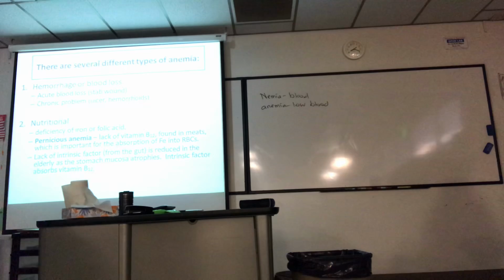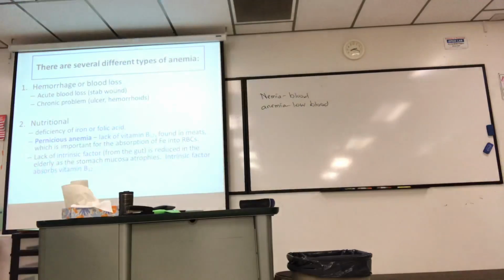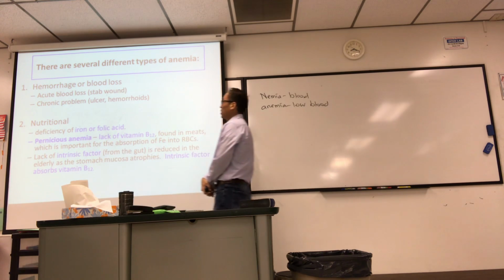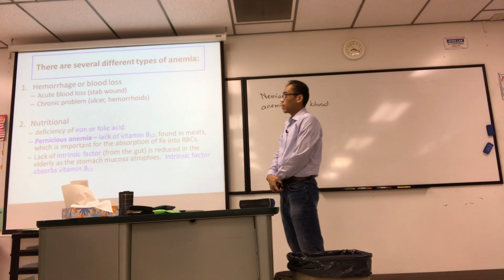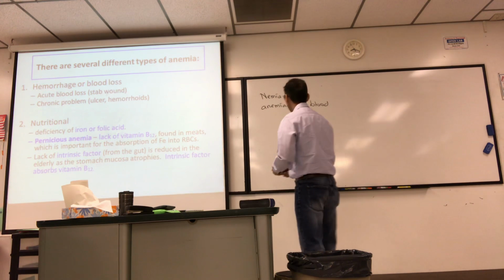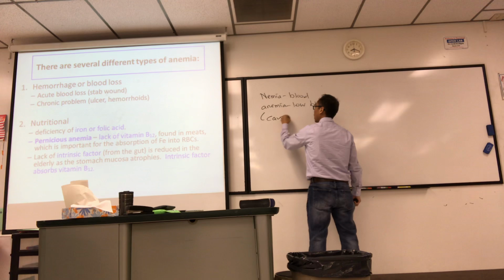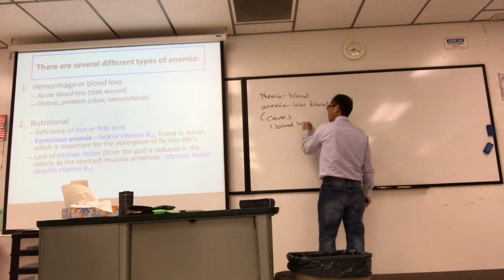Okay, so let's talk about anemia first and some causes. The most common cause is blood loss, hemorrhage. Maybe you're wounded, or there's a chronic problem, hemorrhoids or a slow bleeding ulcer in the gut somewhere. Blood loss is a cause.